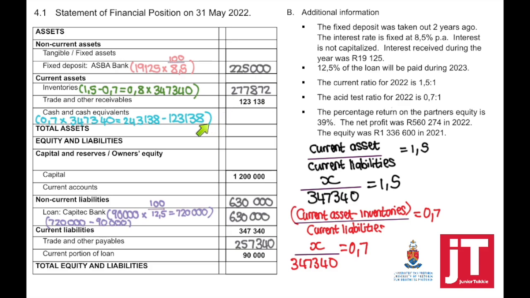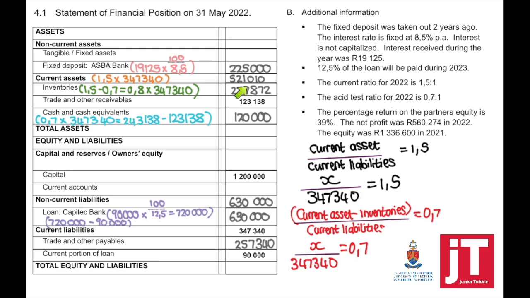The difference, so if you take 243,138 minus the trade and other receivables, that will be your cash and cash equivalents, which is equal to 120,000. If I add all of that together, that equals my current assets. If you started with solving the current assets, you would have taken 1,5 times the current liabilities. That equals my current assets.